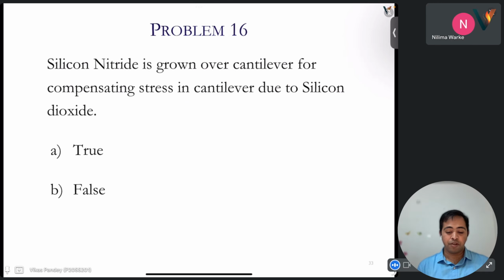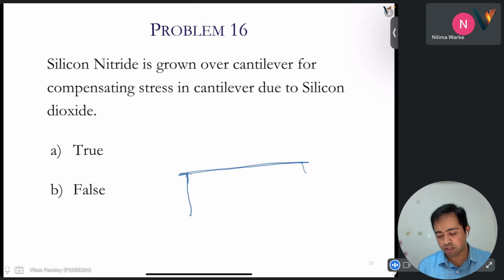So now silicon nitride is grown over the cantilever for compensating stress in the cantilever due to silicon dioxide. So we are creating a cantilever kind of structure. A cantilever is like a structure floating in the air. Let's say we have here an SU8 tip, and this is silicon, the cantilever structure.